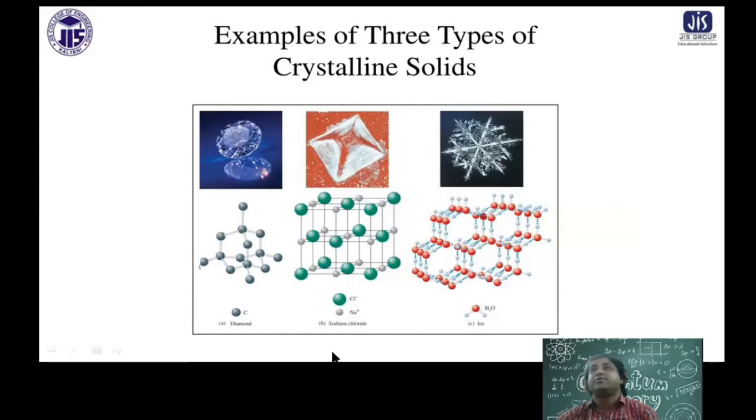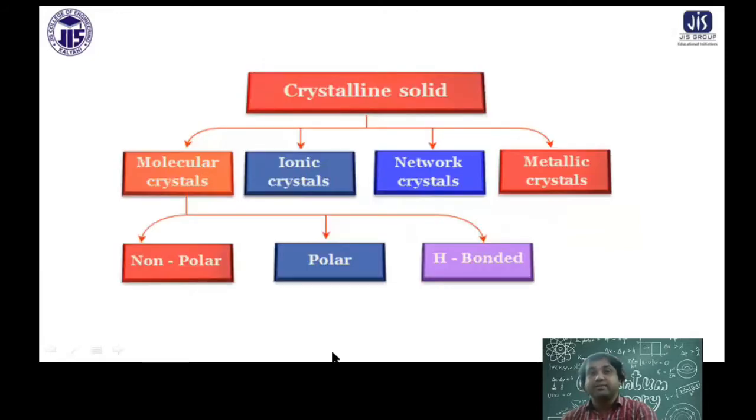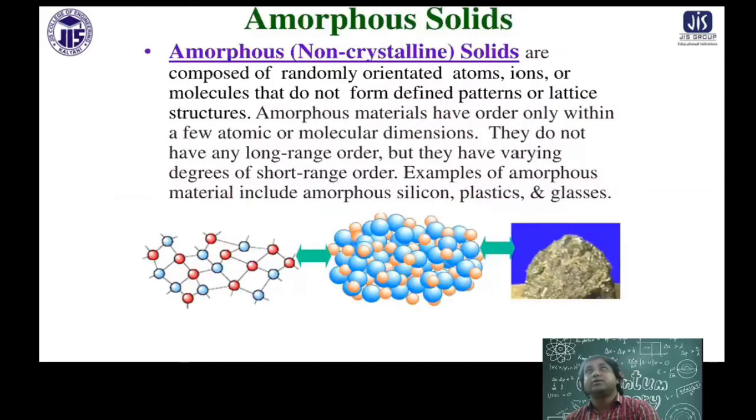And diamond itself is so good. It's a crystal structure. These are the variety of crystalline structures: molecular crystal, ionic crystal, network crystal, metallic crystal, molecular crystal with polar, non-polar, hydrogen bonded. All these things are there.